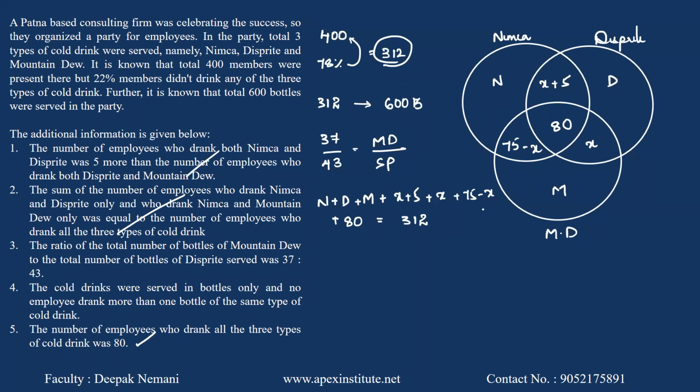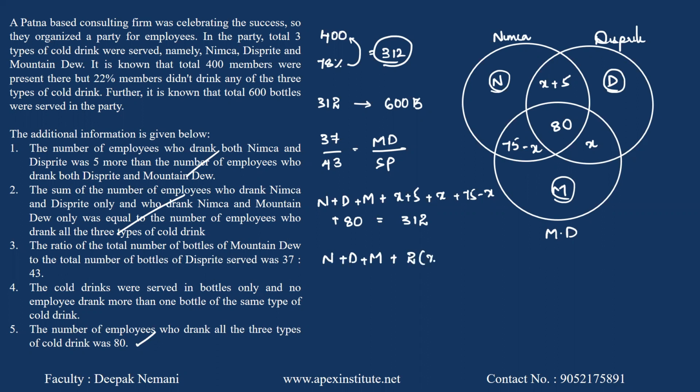Now coming to the number of drinks. These N persons, N, D, and M, each of them had one drink. So the total number of drinks consumed by them would be N plus D plus M, plus how many persons drank exactly two drinks? X plus 5 plus X plus 75 minus X, which is equal to X plus 80.